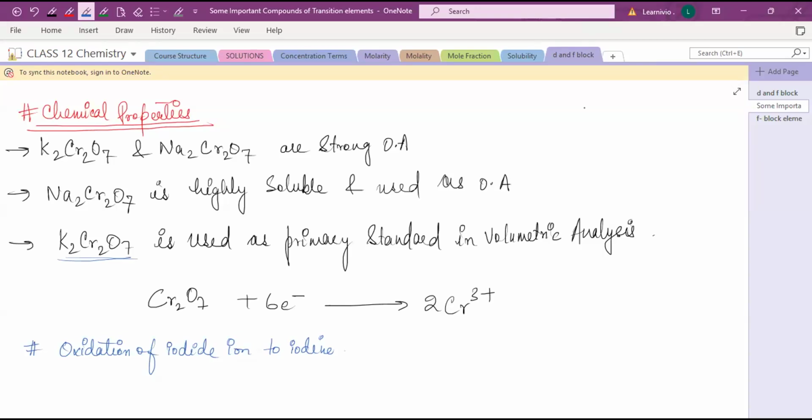Due to these properties, we use potassium dichromate as a primary standard solution, because primary standard solutions are those whose stability won't change, oxidation state won't change, and they are pure substances. This potassium dichromate is a highly pure substance. So that's why we use it as a primary standard in the titration or in the volumetric analysis, you can say.